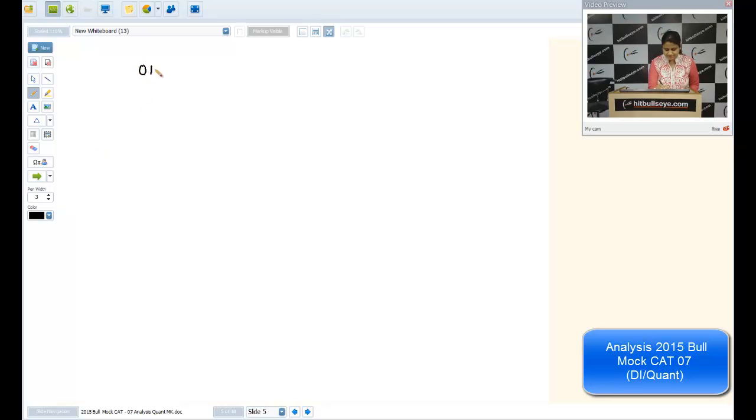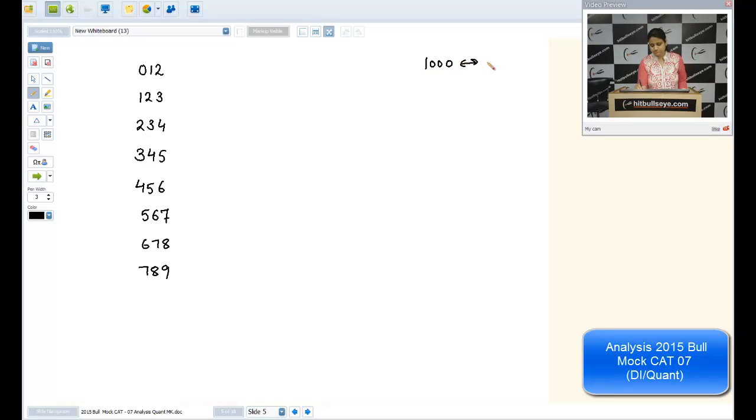The choices can be 012, 123, 234, 345, 456, 567, 678, 789. That's it. And our range is this. It means we can talk about all 4-digit numbers.